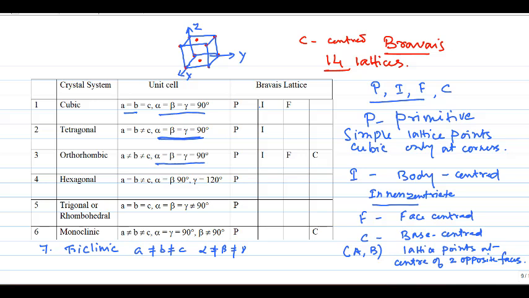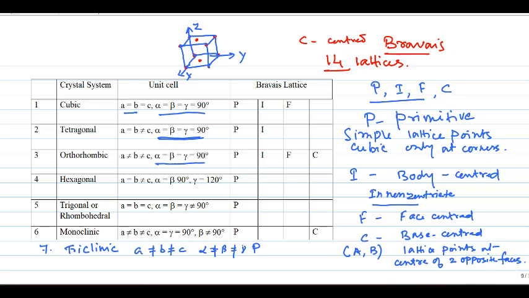Then we have trigonal or rhombohedral. In that also we have primitive. In the monoclinic system we have 2, primitive and base centered, and in triclinic again we have only primitive. Now if you count, it comes to 14, the 14 Bravais lattices.